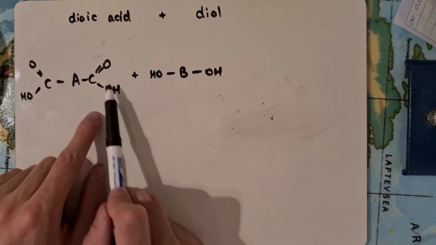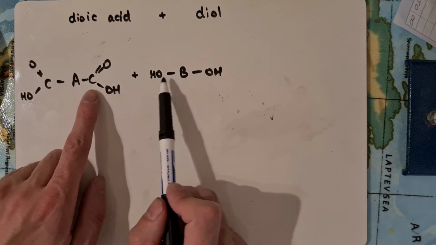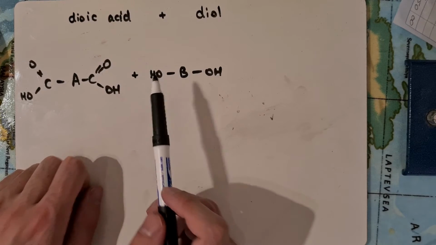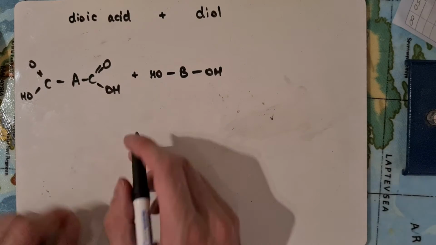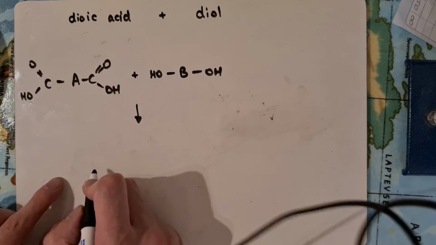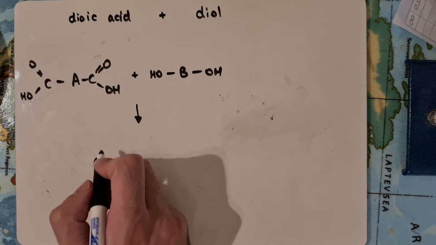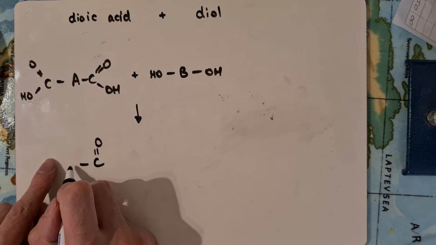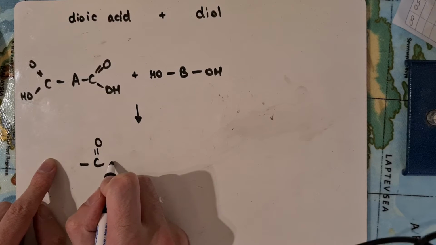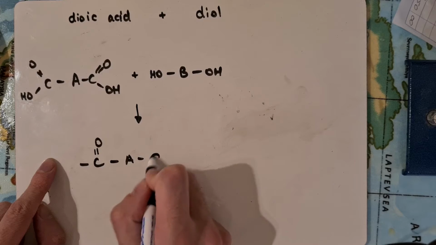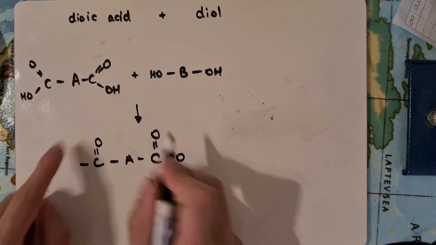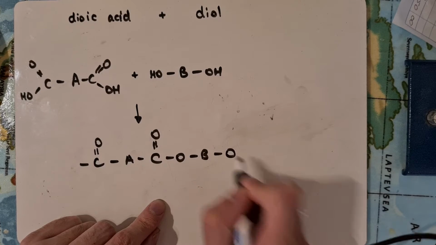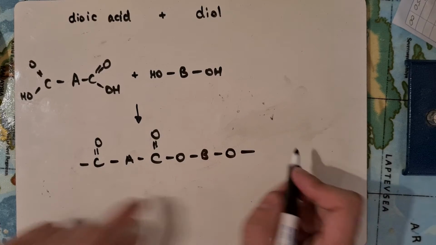So again, we get the same reaction, esterification. So carboxylic acid reacts with the alcohol, and we'll get the carboxylic acid on this side breaking down into A to carboxylic acid, then we get an ester linkage to B, which will then have an ester linkage this side.